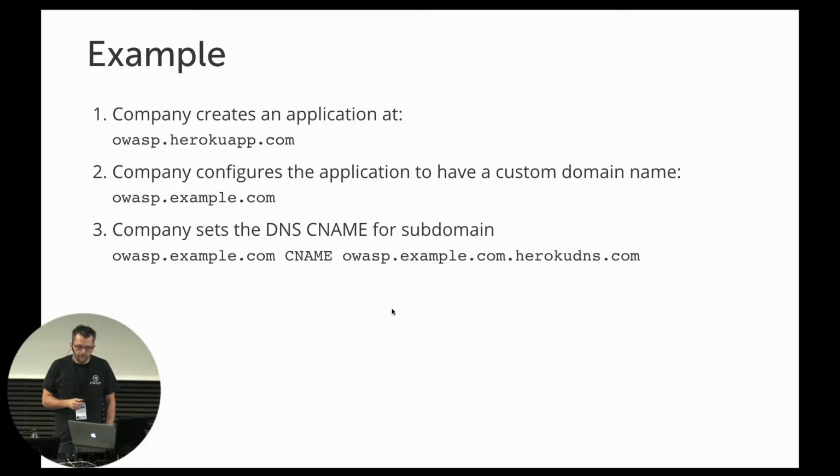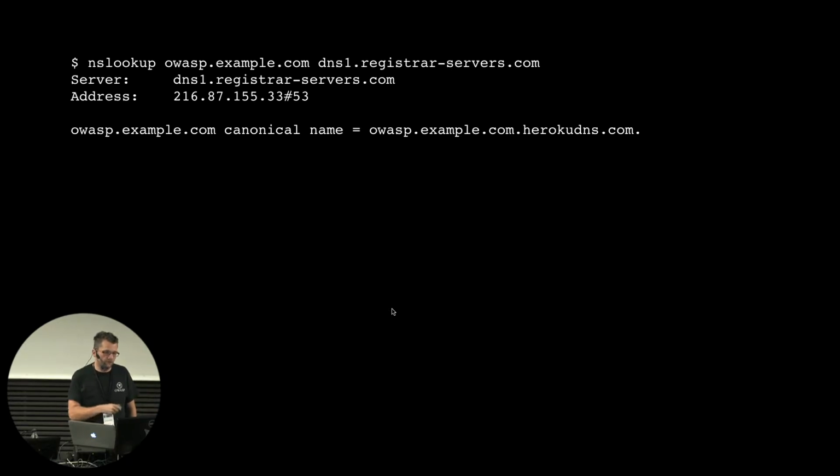And I think Heroku is working on this now, so it shouldn't be possible anymore, but I'm not sure how far they've gotten with this. But let's see what that would look like. So we do an NS lookup of this hostname, and we ask the registrar, and what we get back is, okay, there's an entry here. Please go ask this other thing and get the IP from there. Let's look at it in a different way.